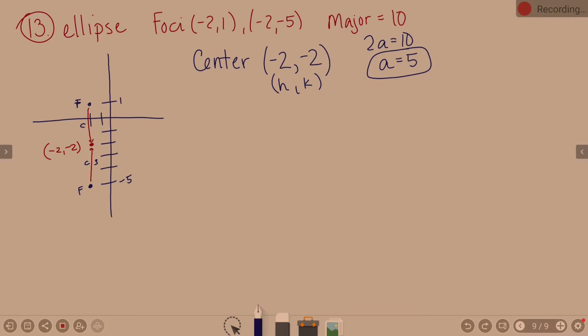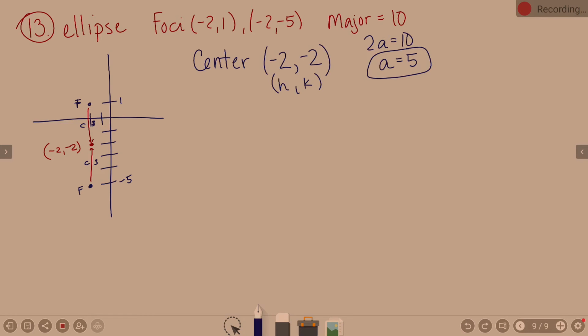Uh-huh. Okay. That makes sense. Is that what you're trying to figure out, when I wrote 3 on the graph, where it magically came from? Yeah. And I think a lot of you probably didn't just use my picture right there. Maybe you did, I don't know. But earlier when I said, okay, what's in between 1 and -5, and you eventually came up with -2, that's 3 in from either way. Okay? Can you explain that again? How you got the 3? The distance between the two foci?